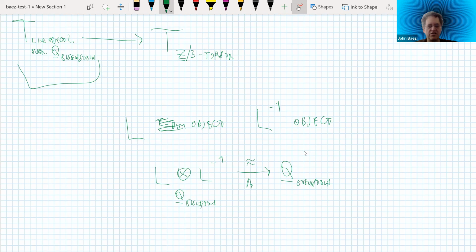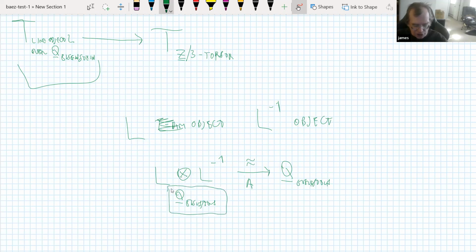So do you have to assert that L is a module over Q Eisenstein before you can write that left-hand side? Yeah, that sounds right, but that parses in the doctrine. We are interpreting this as an internal thing.